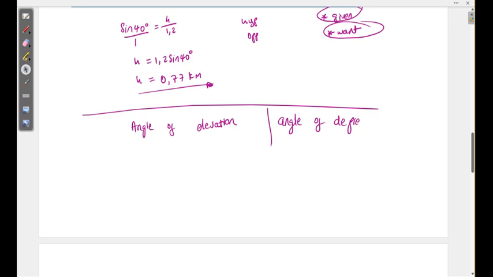Elevation and depression. Right, now what is an angle of elevation? What is the angle of depression?